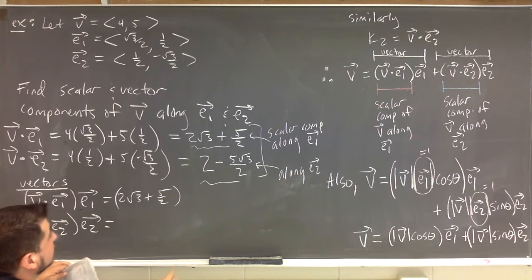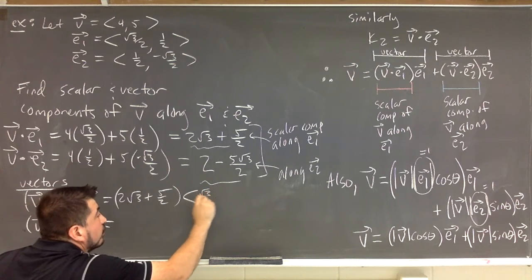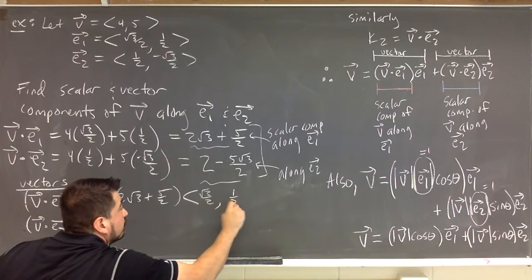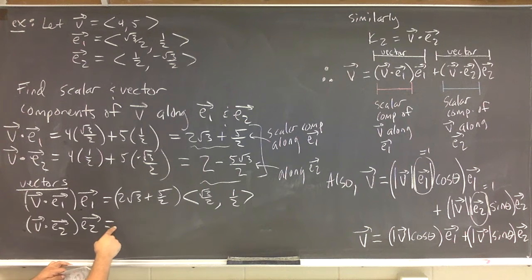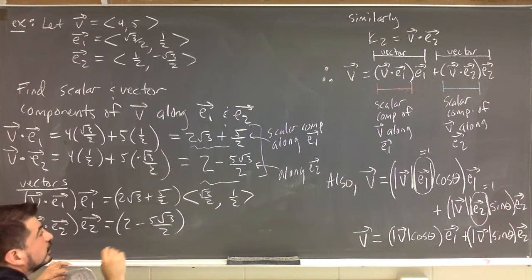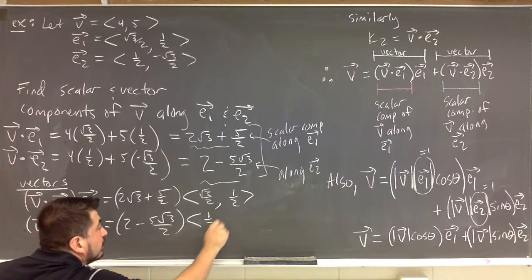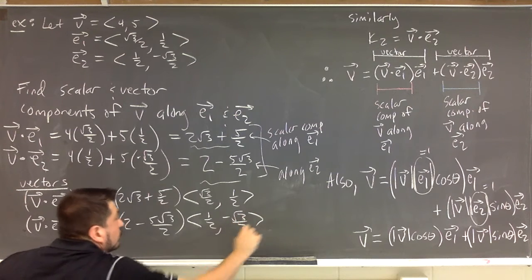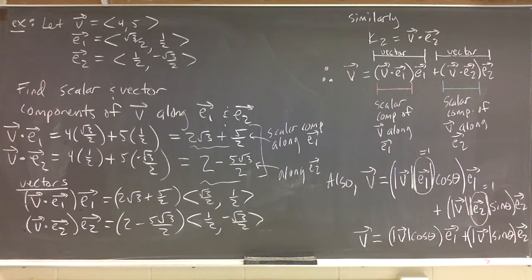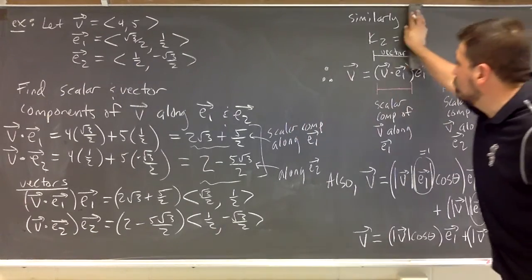And now that's going to get multiplied with the original E1 vector, which is root 3 over 2 and 1/2. And here we have (2 minus 5 root 3) over 2. And that's going to get multiplied with E2, which is 1/2 and negative root 3 over 2. Okay? And if you want, you can certainly simplify those a bit.